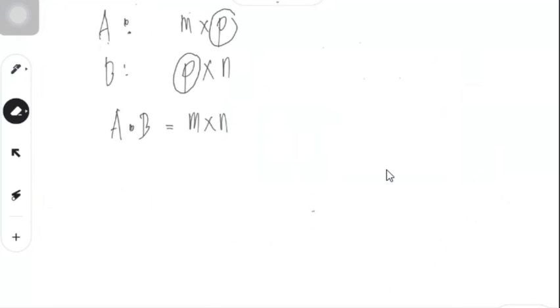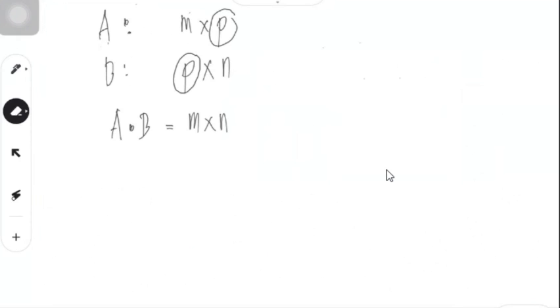A dot B is now equal to, the result is simply an M by N matrix. So the result is a new matrix.